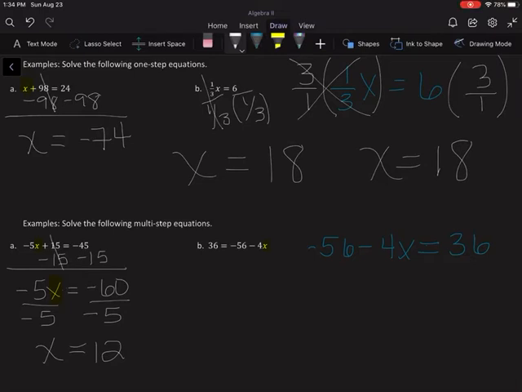So here, I need to add or subtract away from the -4x. So it looks like I need to add a 56. Oh my goodness, my stylus is being strange right now.